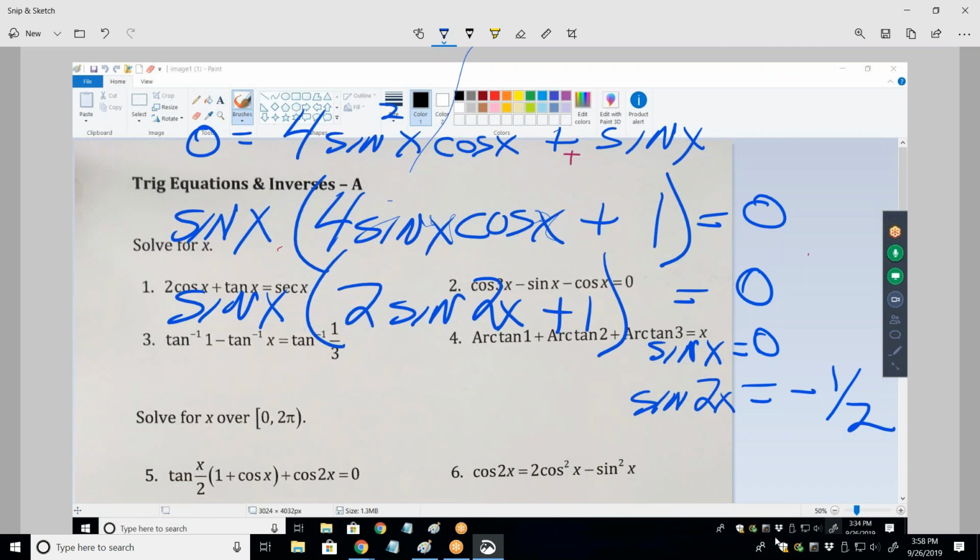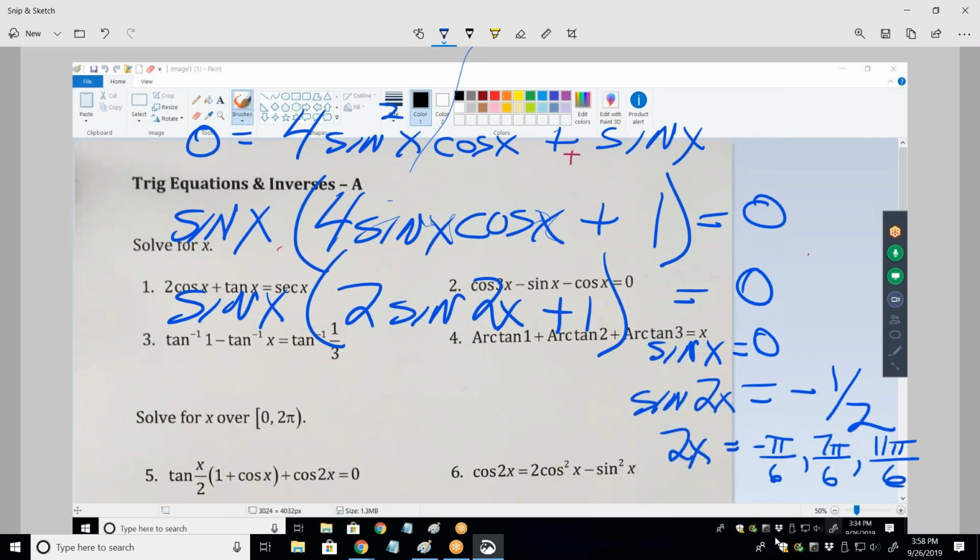In other words, 2x has to equal minus 30 degrees, so minus pi over 6, or 7 pi over 6, or 11 pi over 6, and so forth.